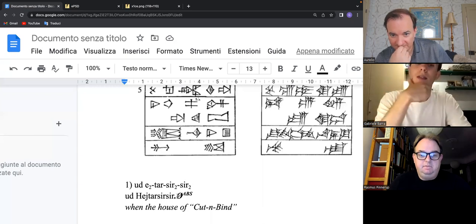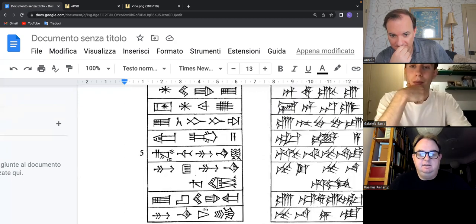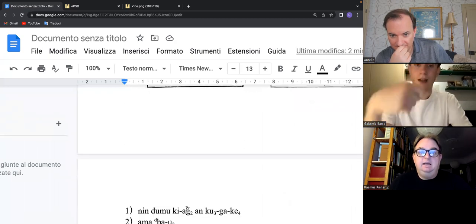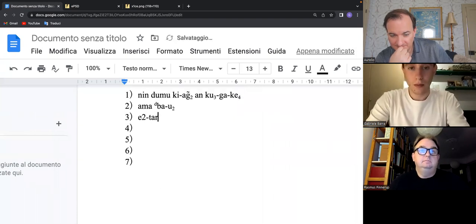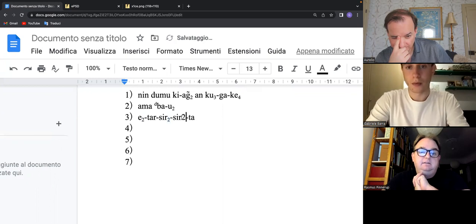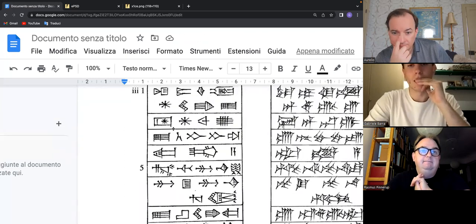Etar Sirsir, right? Etar Sir. The temple of cut and bind. Yes. So let us mark it. But here it has a ta after it. Right. It's Etar Sir ta. So ablative. Correct.